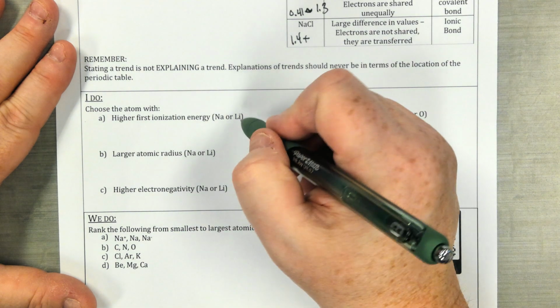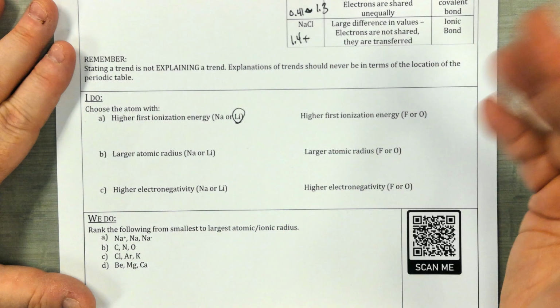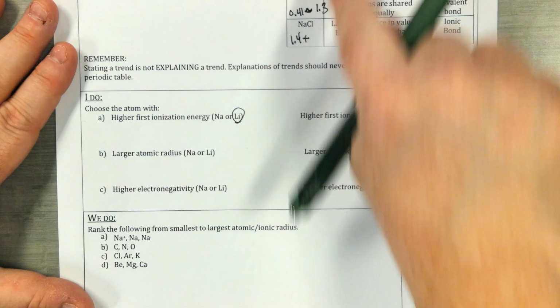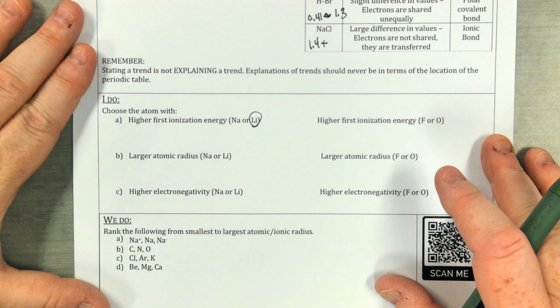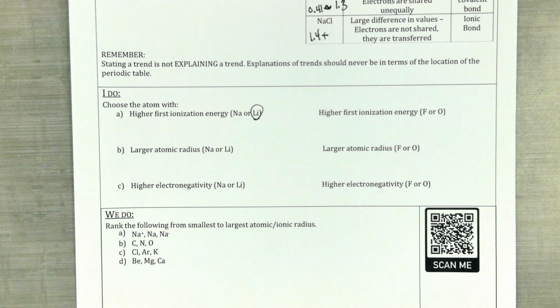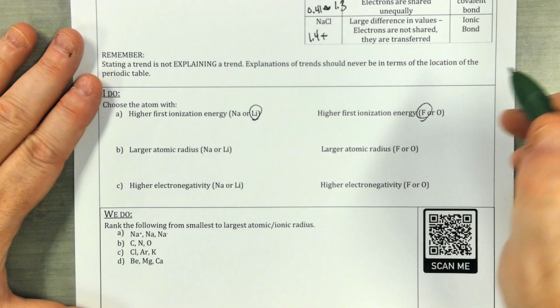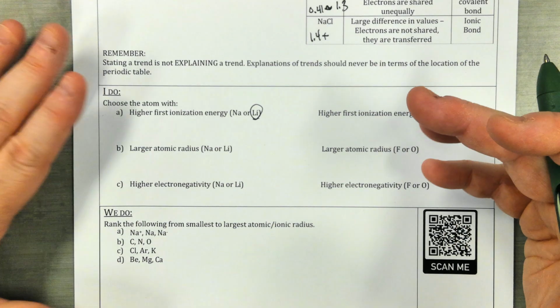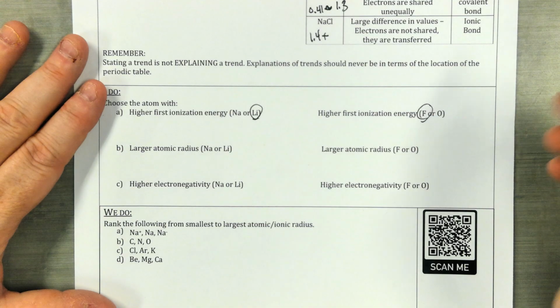Okay, lithium is in period 2, where sodium is in period 3. For over here, because we're kind of doing this part, this side, and then this side. Okay, for between fluorine or oxygen, fluorine is going to have the highest first ionization energy because it's not going to want to give up the electrons it has.